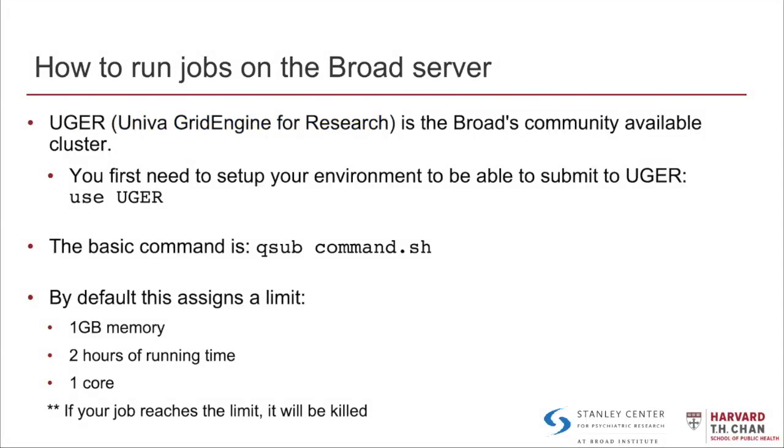And the first thing you need to set up your environment to be able to submit to UGER is just to type use UGER. Then the basic command to submit a job on this cluster is to type qsub followed by a bash script. By default, this command assigns a limit of 1 gigabyte of memory, 2 hours of running time, and 1 core.